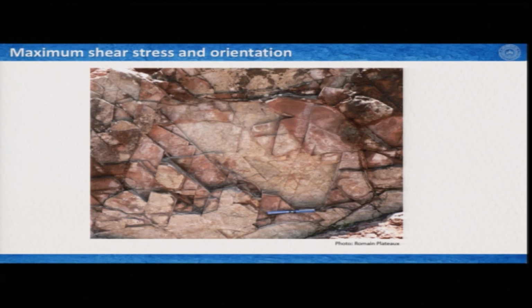What you see here is a piece of sandstone. We took the photograph from the field, and what we see here, this rock is apparently homogeneous, but is characterized by a set of fractures.